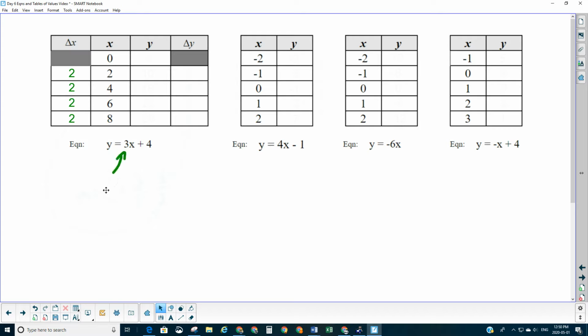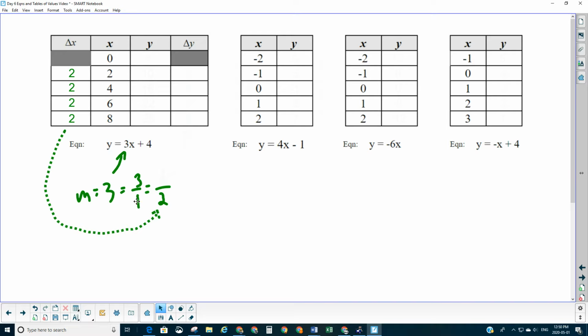So we know the slope is 3. If we were to write that as a fraction, we would say it's 3 over 1. That would mean the delta y would be 3 if the delta x is 1. But in this case, the delta x is not 1. The delta x is 2. So the question remains, if the delta x is 2 and my slope is 3, what must the delta y be?